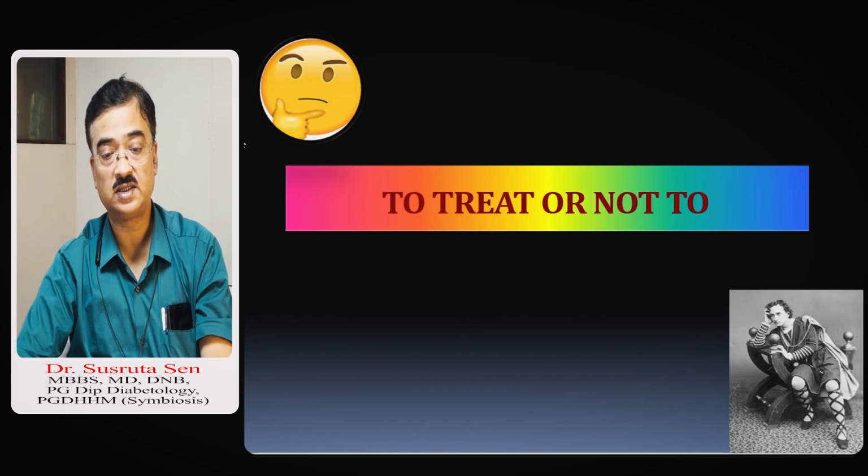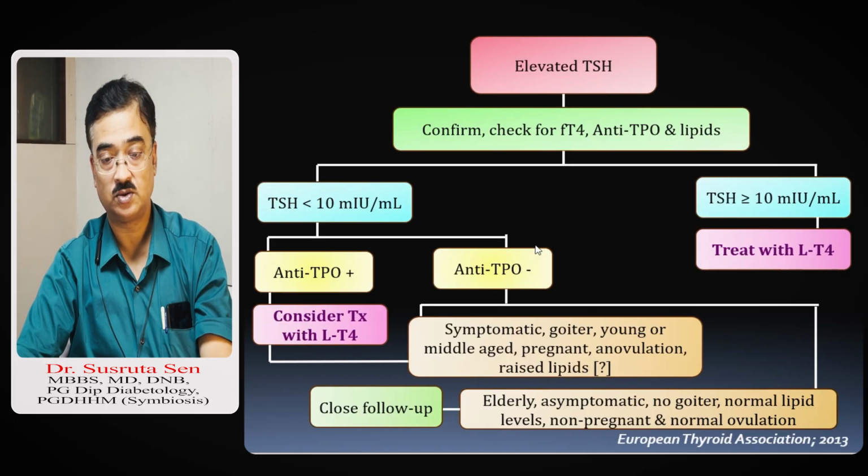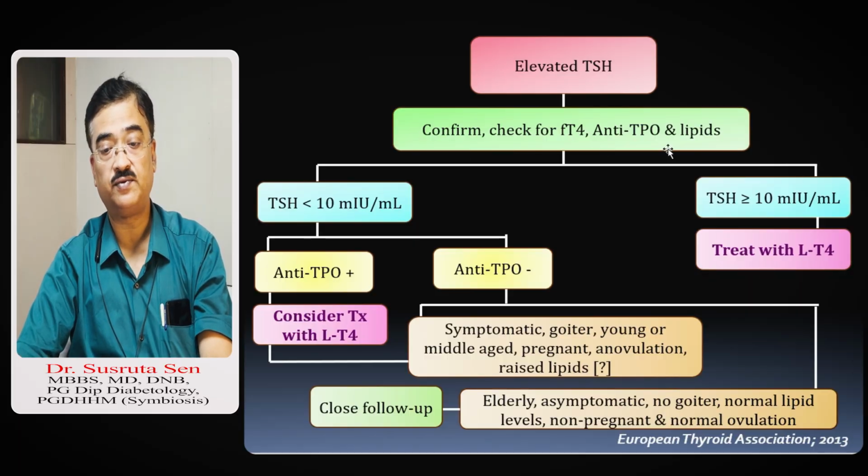The question here is to treat or not to treat. When you have an elevated TSH, confirm, and check for free T4, anti-TPO and lipids. If TSH is less than 10, then depend on TPO. If anti-TPO is positive, consider treatment with levothyroxine.